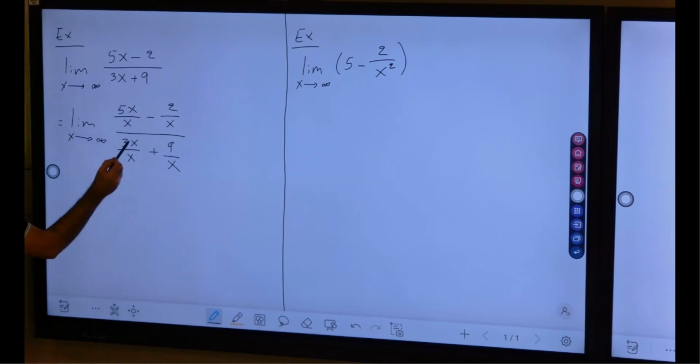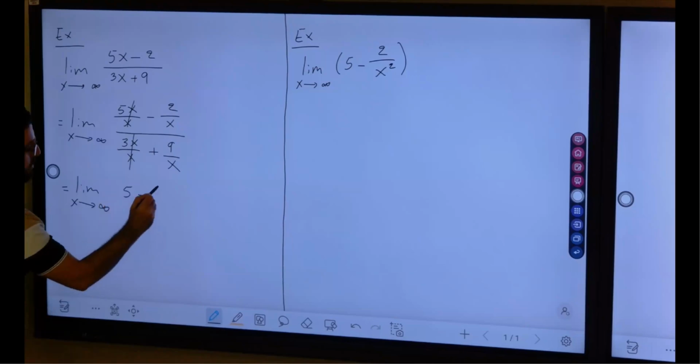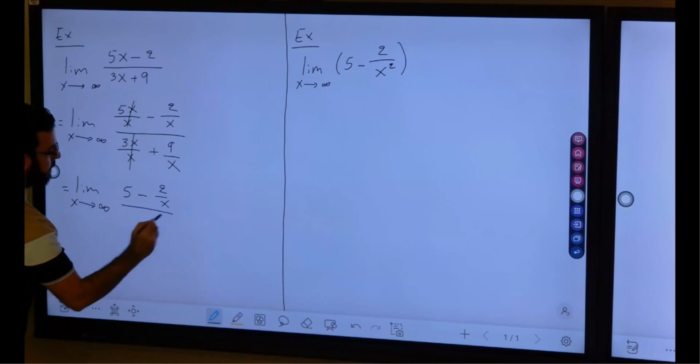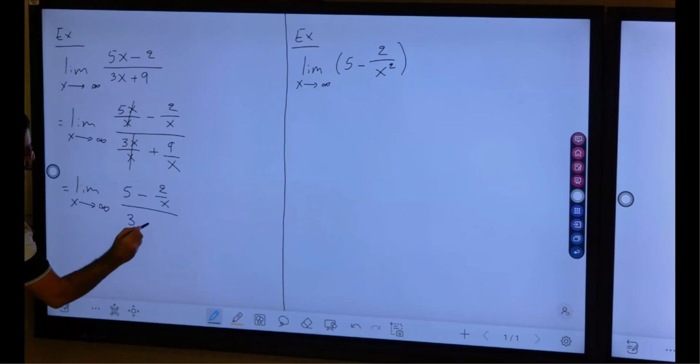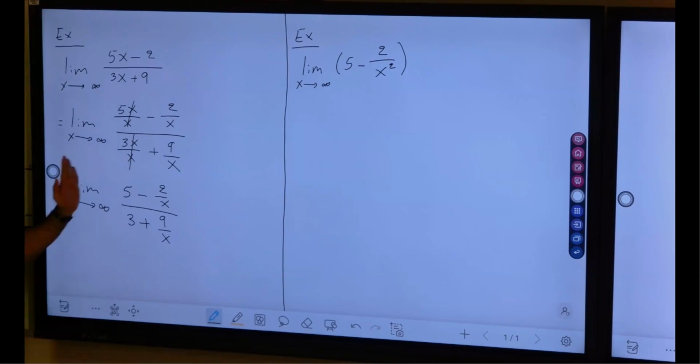Cancel the x's, which means it will be the same thing, the limit as x approaches infinity. The left here is just 5 minus 2 over x, divided by 3 plus 9 over x. And remember, we can distribute the limit for 5, the limit for this one, the limit here, the limit here. Now, the limit for a constant is the constant.